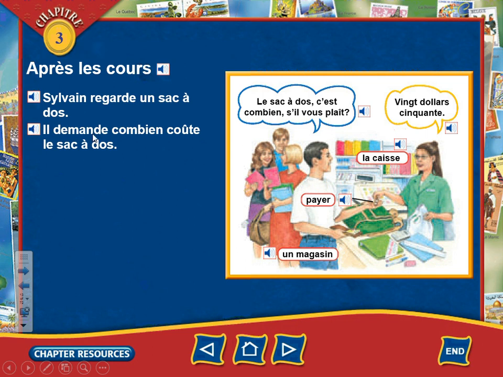It looks like demand, and it means to ask for. He asks for, or he asks, how much costs the backpack. So this one's a little tricky because I have two ER verbs here. I have demander and I have coûter. Demande, ask, coûte, cost. He asks how much the backpack costs.